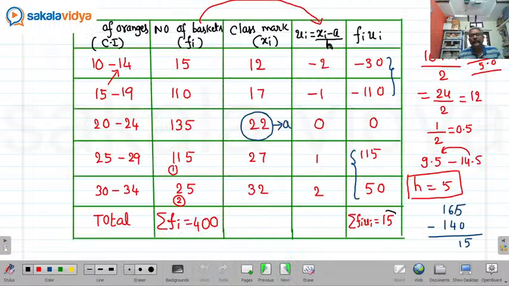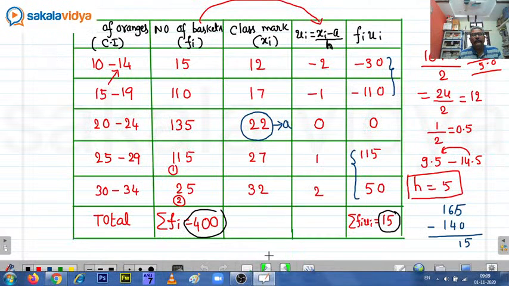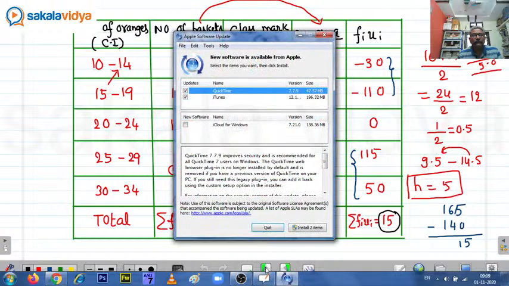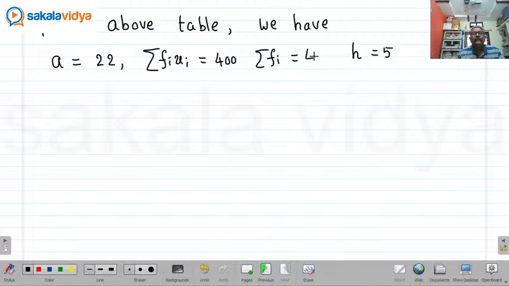Sigma Fi Ui is 15. Sigma Fi is 400. H will be 5.